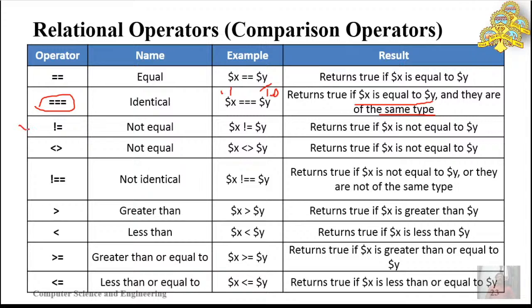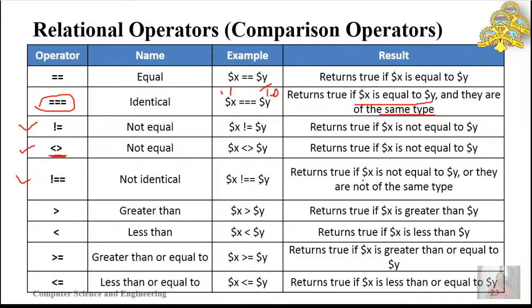Next one is not equal to, same as in the C language. And one more is the less than greater than sign without any gap. Such an operator is also available in other languages, for example, in VB, that is Visual Basic. Next one is exactly the reverse of the triple equal sign: exclamation, double equal sign.